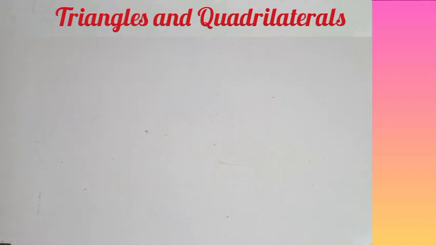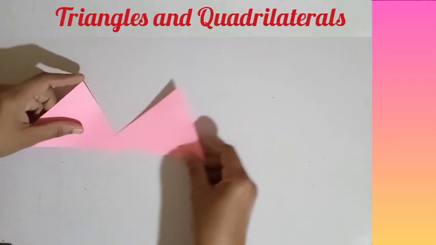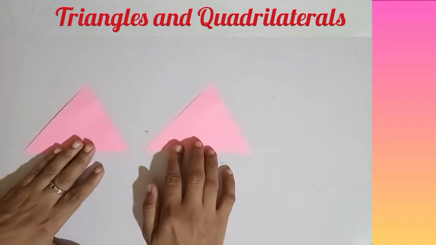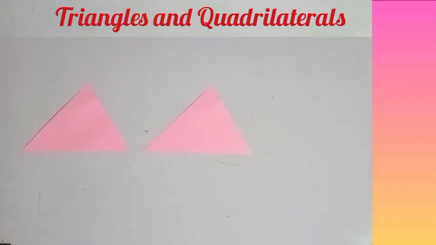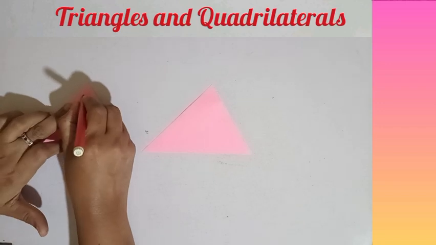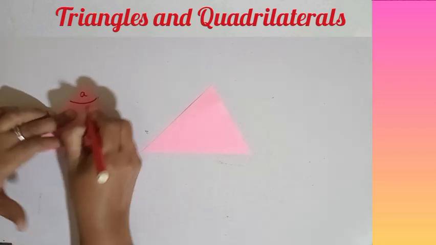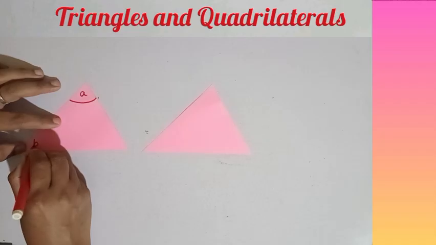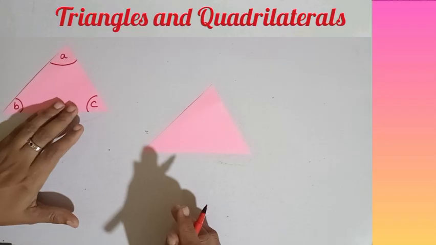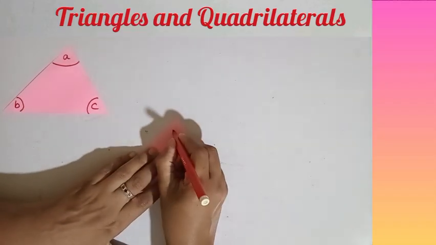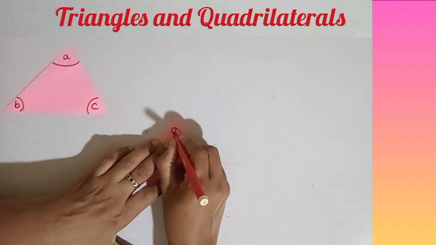Then let's learn how to take the interior angle sum of a triangle. I have taken two identical triangles like this. Then I am going to name the three interior angles of each triangle as A, then B and C. In both triangles, I have named the three interior angles.